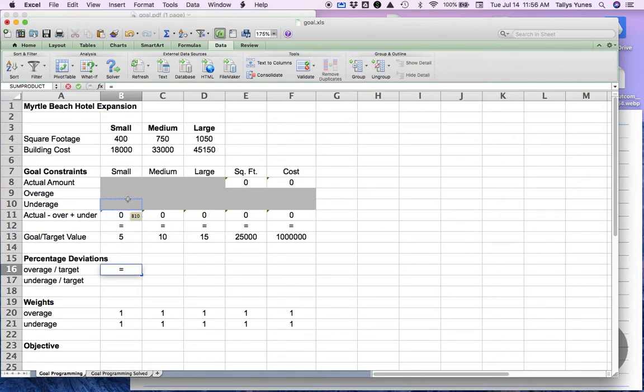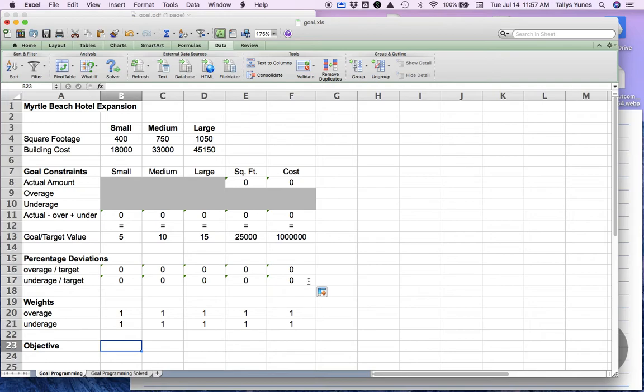So this overage divided by the target, and I can copy this over. This way I get all O's by target. And here I can do the underage over target, and copy this over. All right, so this gives me the percent deviations. And let's say initially we have a similar weight for all of them, so weight of 1.